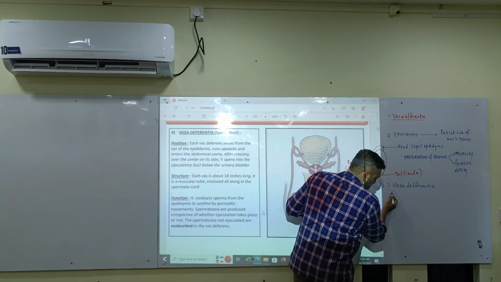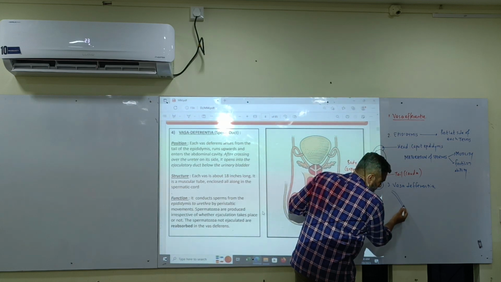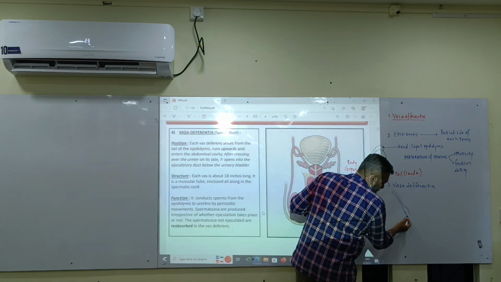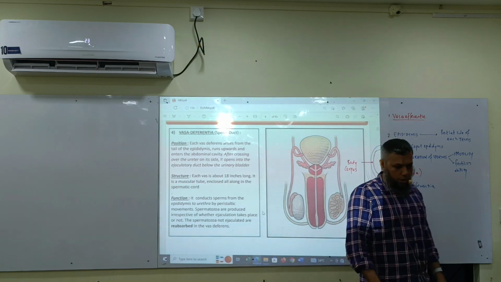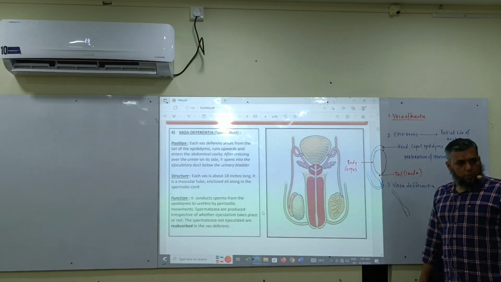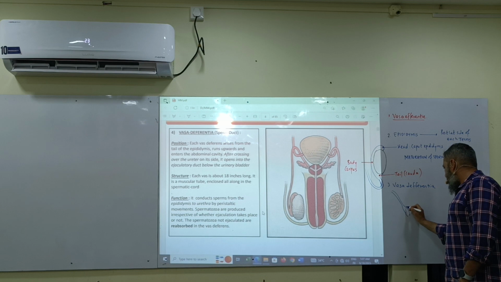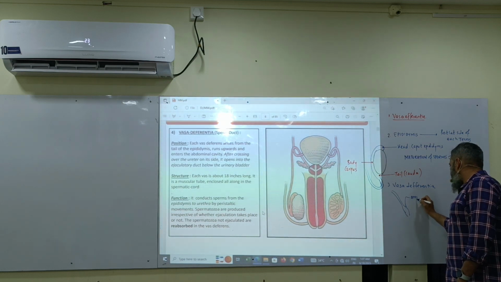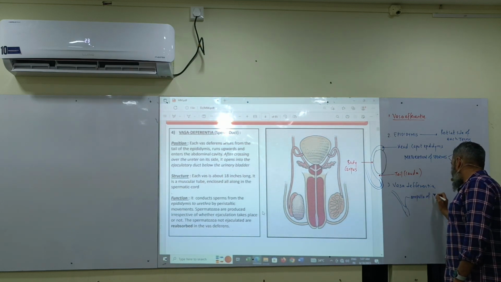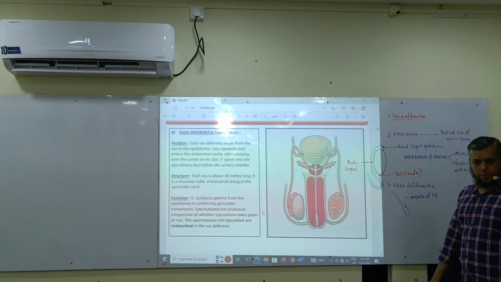Now what is happening, guys? As the vas deferens is coming down, it will get slightly swollen. That is called the ampulla of the vas deferens.